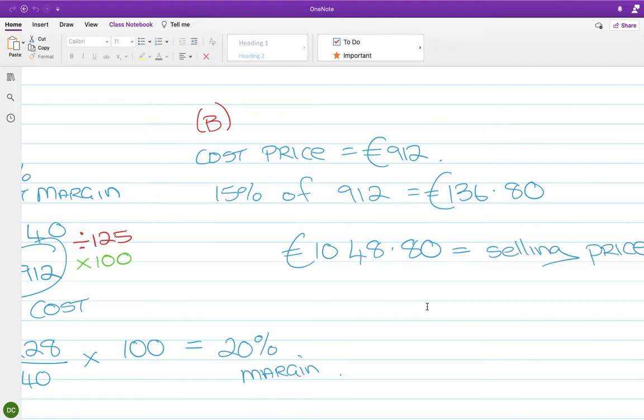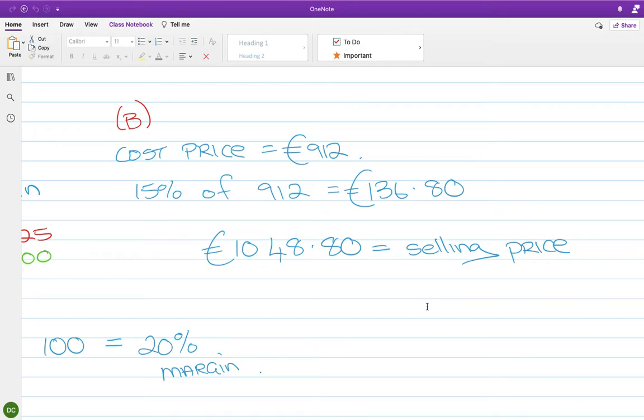And then the question asks, what's the new margin? So to get the percentage margin, the profit is going to be this minus this. So 1,048.80 minus 912, so it is 136.80 over, because it's margin, it goes over the selling price.